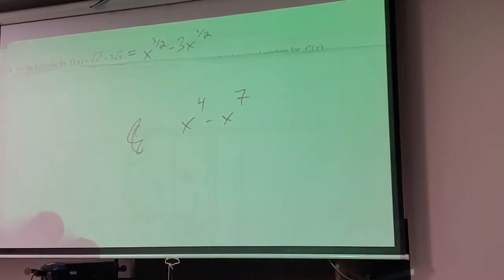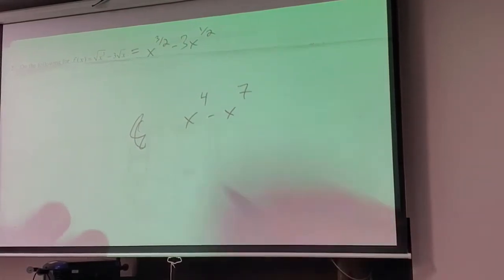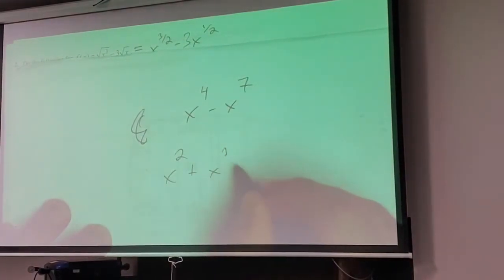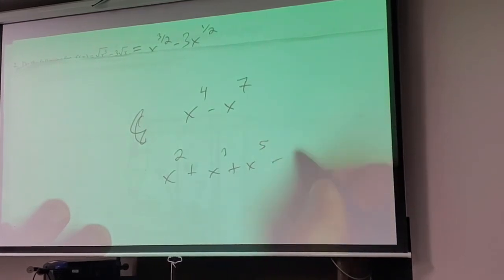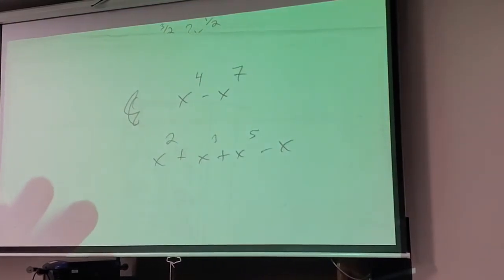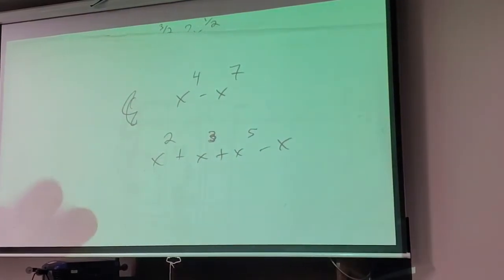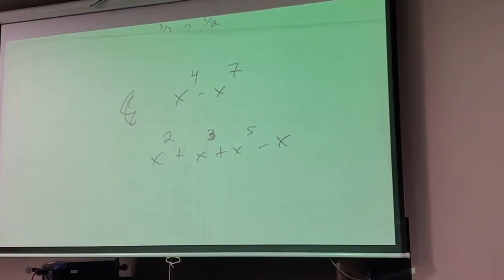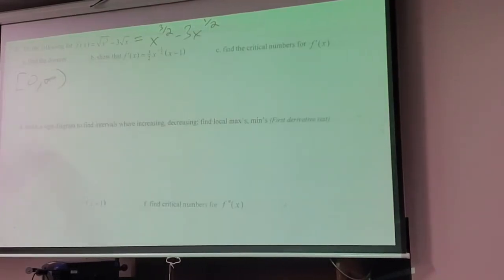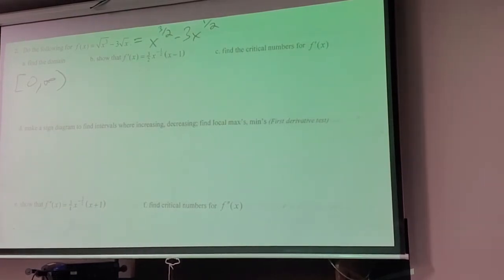And so what's the shortcut? You always look through and find the what? Like if I had this, what do I pull out? X. Why? What's the quick shortcut? Find the one that has the smallest power. That never changes. You find the one with the smallest power and you take that out.